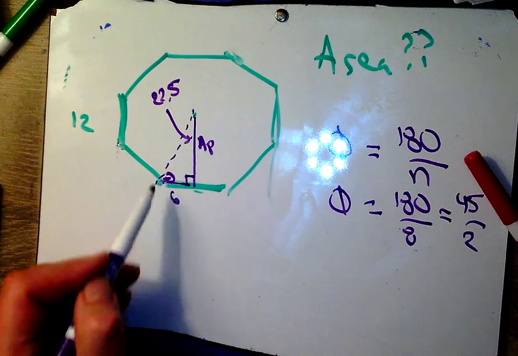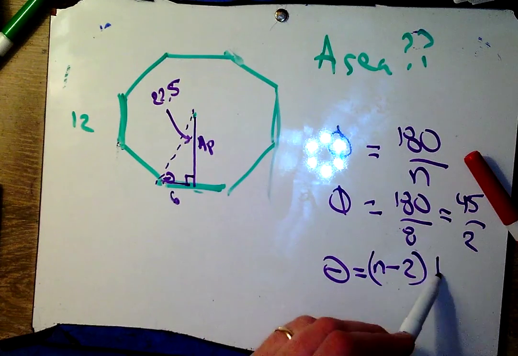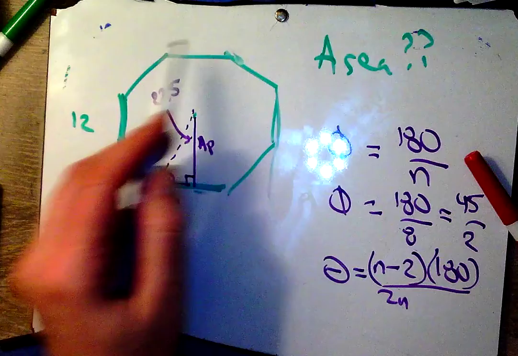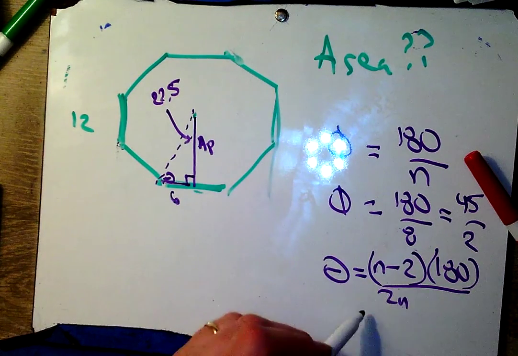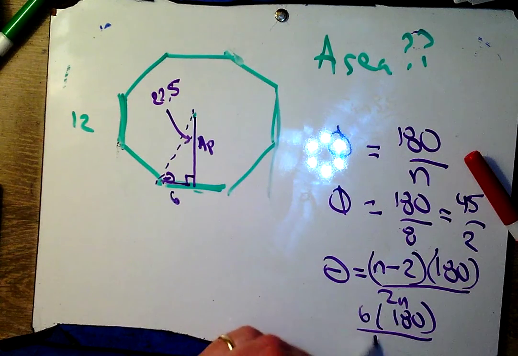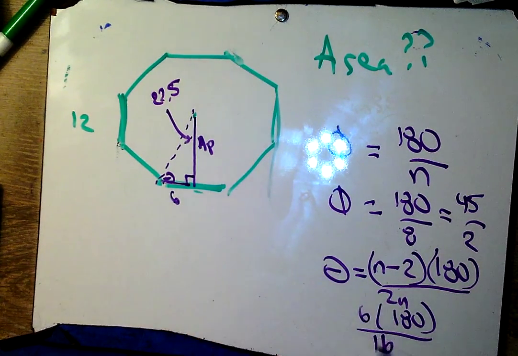Of course, if we're finding theta, the formula for theta is n minus 2 times 180 over 2n. Our n is still 8 sides, so 8 minus 2 is 6 times 180, and 8 times 2 is 16. So I could do some canceling here.